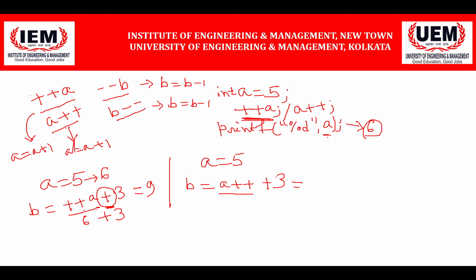That means after the operation, here the operation means addition, the value of A is incremented by 1. So here this value is 5, then plus 3. In that case, the output is 8. 5 plus 3 is 8. After this operation, the value of A is incremented by 1.